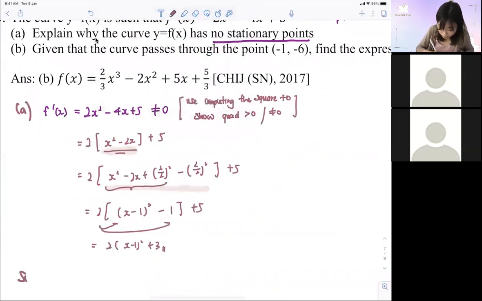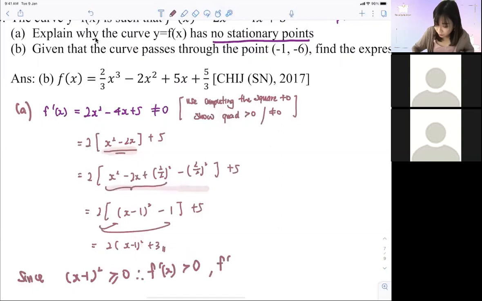Then we must say that since bracket square is more than or equal to 0, the smallest this can be is 0. 0 plus anything is bigger than 0, correct? That means this whole thing cannot be equal to 0. So f prime x is bigger than 0.